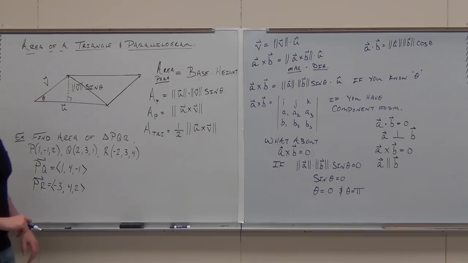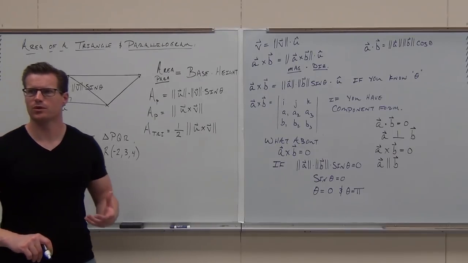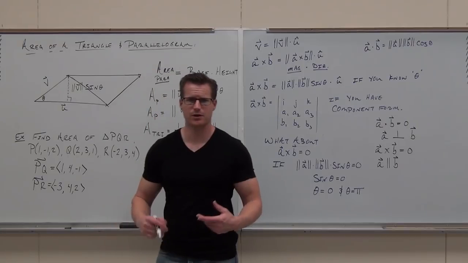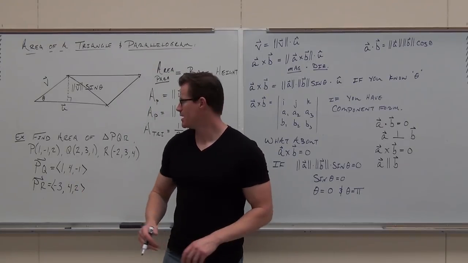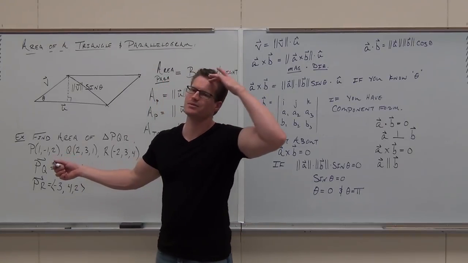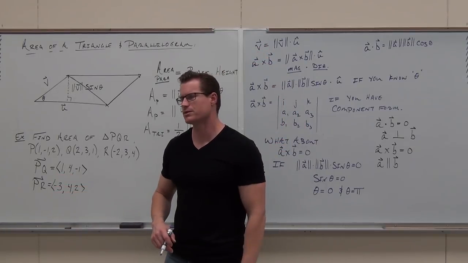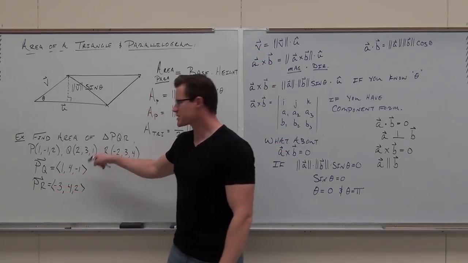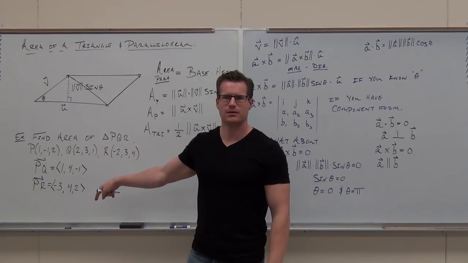Take some time when you do these, double check. It'd be the worst thing in the world to know how to do a cross product, to know what position vectors are, to get everything done, and then oh man, I put 1, it was -1, and you get the whole thing wrong. Don't do that to yourself. So take some time. Did you get the same thing that I got?